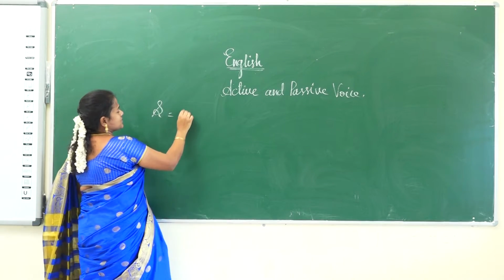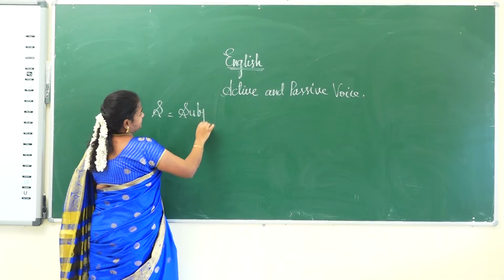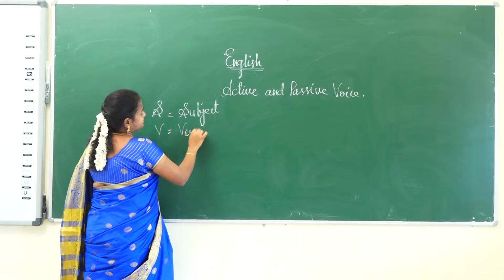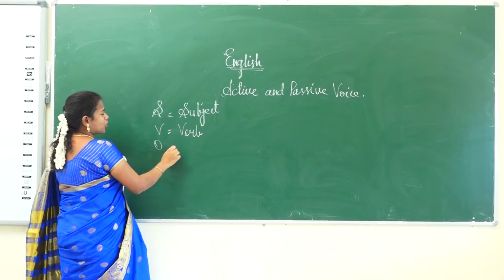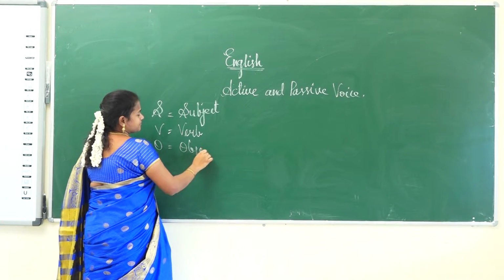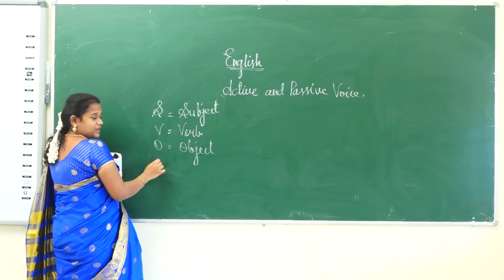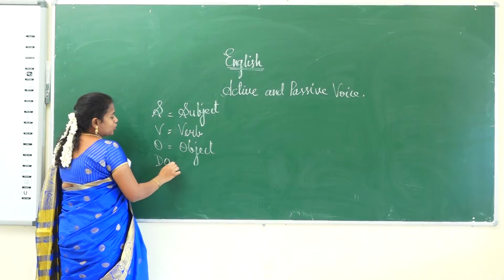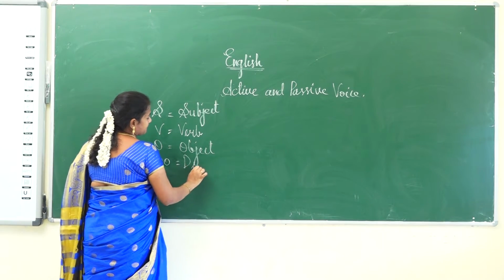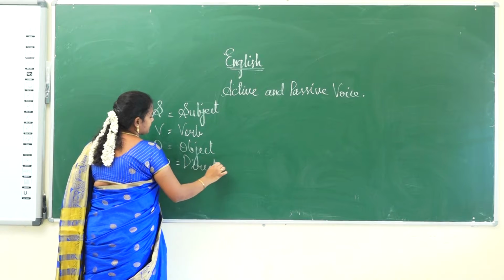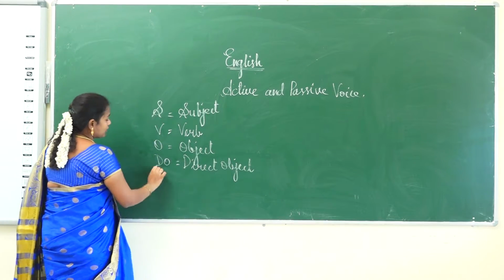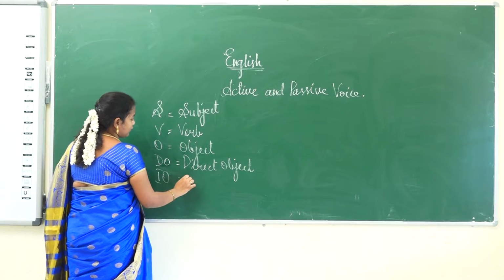S is for subject, V for verb, O for object. In this object itself we have two divisions: one is direct object, DO, another one is indirect object, IO.